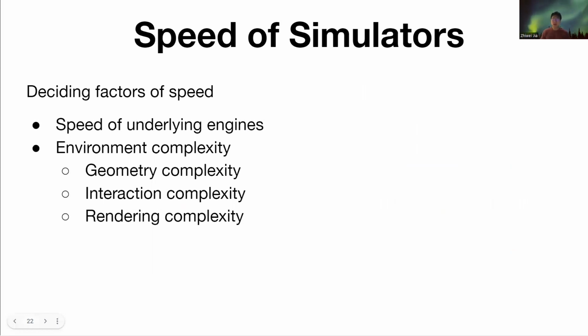For example, how complex the geometry is in your environment can have an influence on the simulator speed. Is the interaction of a coarse or fine level? For example, a high-level action is much faster to simulate than a low-level action. Or even, what is the resolution of the rendered images? Typically, a larger resolution can slow down the simulation by a lot.